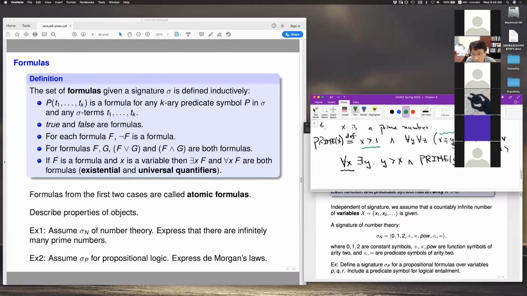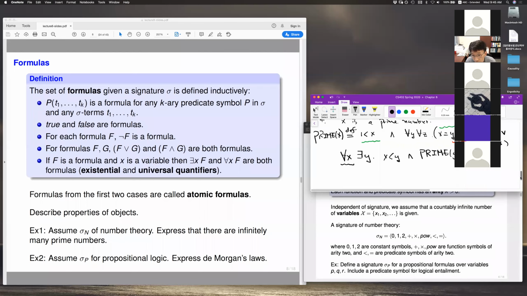Both of them are atomic formulas where we use the given predicate symbols, equality and less. So strictly speaking, let's just follow exact definitions. Okay, so that's how we did this.